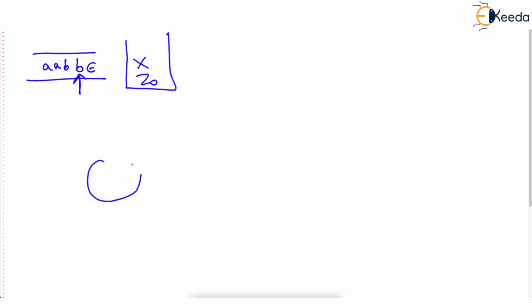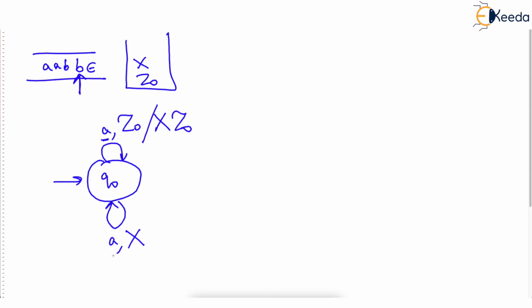The machine that we have till now is Q0, which on reading the very first A, top was Z0, then Z0 was preserved, X was pushed. This was for the first A. When Q0 was reading A, top was X. This was consecutive A, then we pushed one more X. But when Q0 read the very first B, top has to be X, and we popped it.